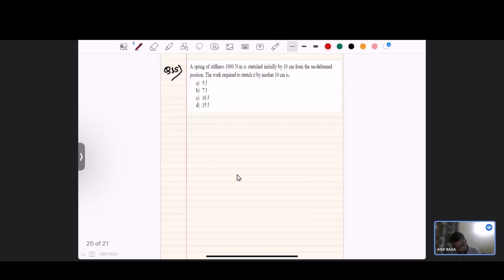A spring of stiffness 1000 Newton per meter is stretched initially by 10 centimeter from the undeformed position.